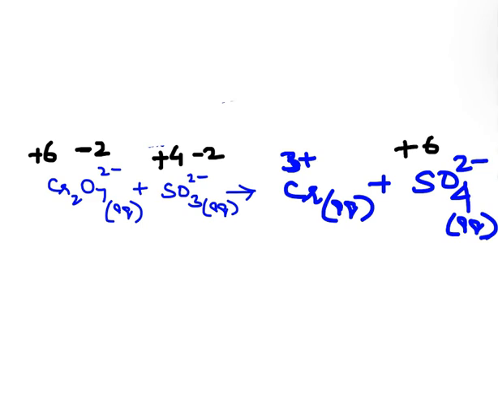Chromium has reduced by 3 oxidation numbers. So how would this have happened? By reduction, reduction of Cr2. So how many electrons are involved in this process?